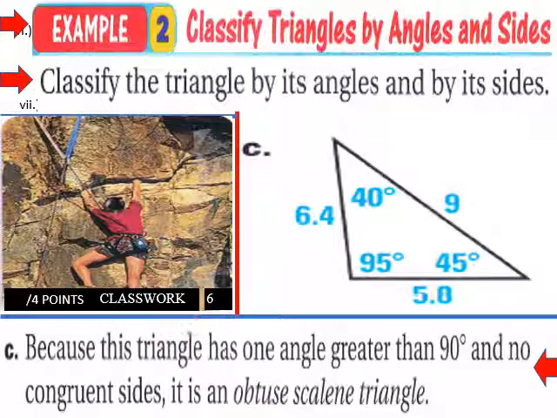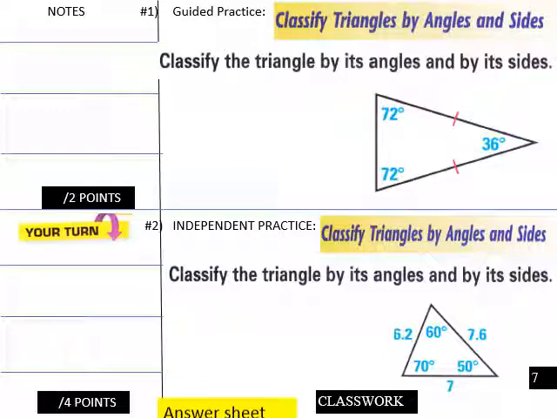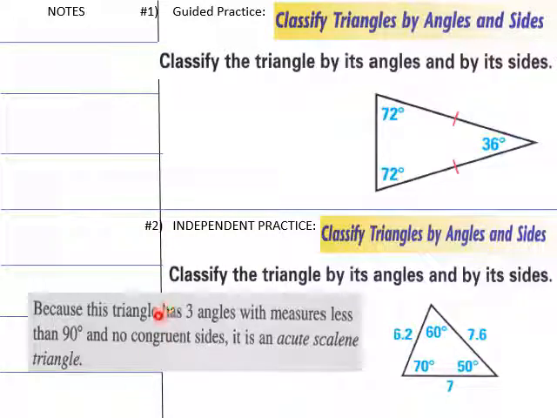Page 6 on your classwork. Okay, a practice here. We're going to do this one first, independent practice. Classify the triangle by its angles and its sides. Because this triangle has three angles with measures less than 90, it is an acute scalene.